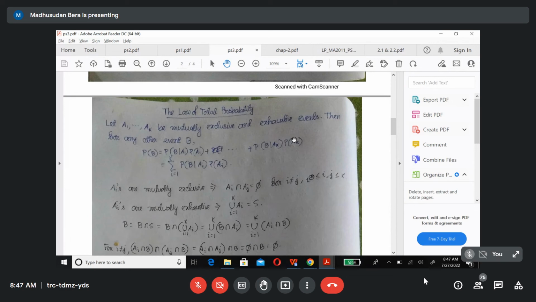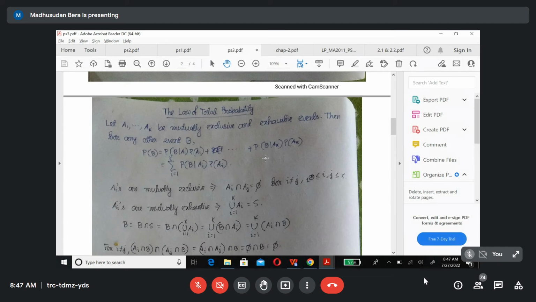That means if we know the probability of each of the events A1, A2, up to AK, and if we know the probability of B given each Ai, then the probability of B can be obtained by this formula. This is called the total law of probability.